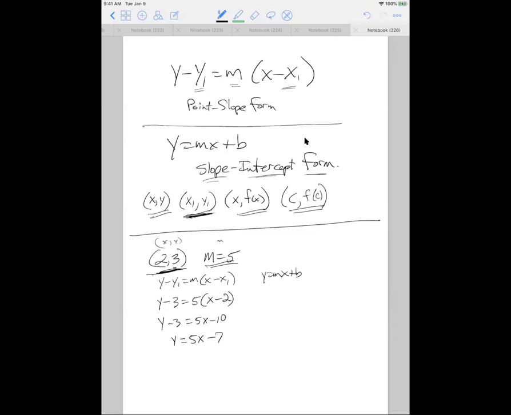So if you have y equals mx plus b, then you've got 3 equals 10 plus b, and solving for b, we get b equals 3 minus 10, which is minus 7. Therefore, the slope and the y-intercept show up there, and you get the equation either way, okay? That's something I'm going to be asking you to do quite regularly. You're going to be asked to find the equation of a line.